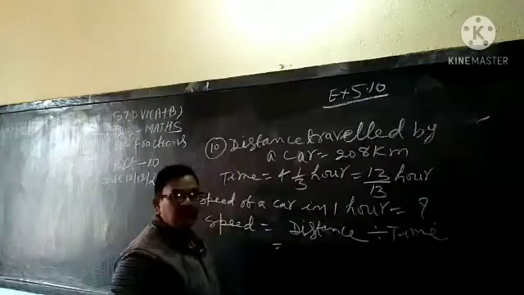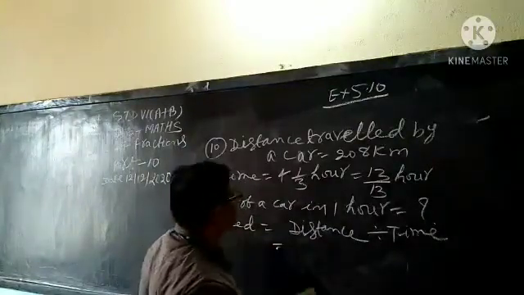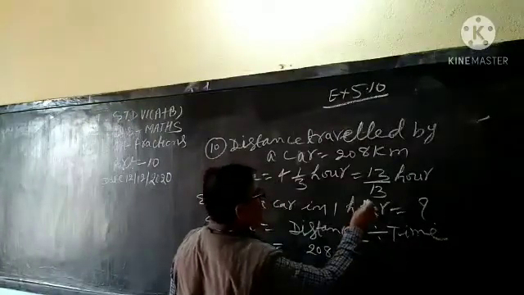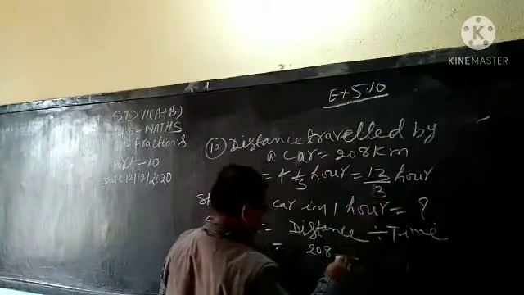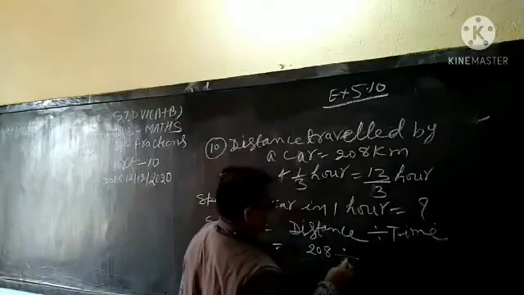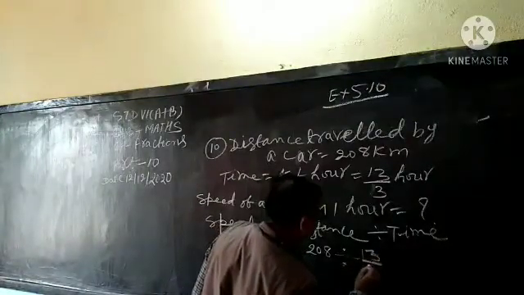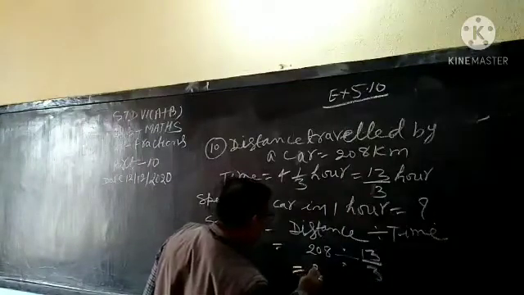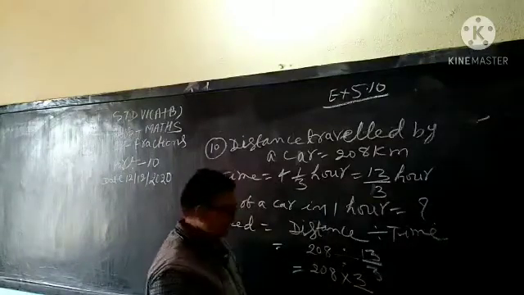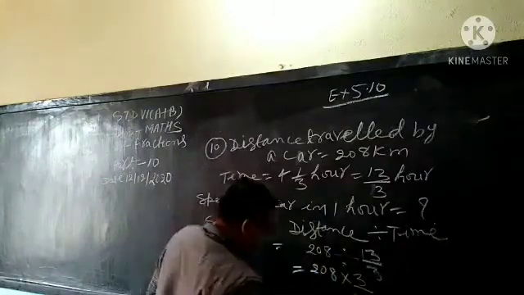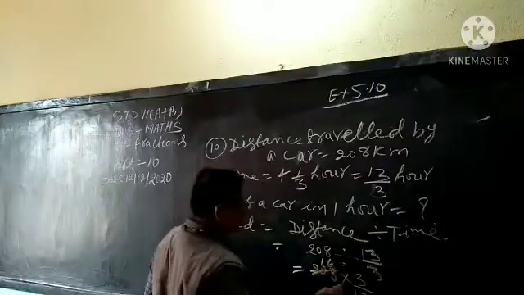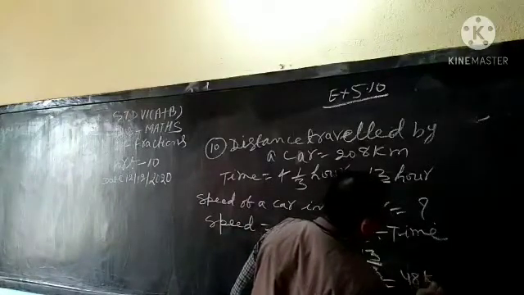Listen, distance is here, 208 divided by 13 by 3. 208 into 3 will go up, reciprocal, division will change into multiplication, and 13 will go. 16 into 3, 48 kilometers.